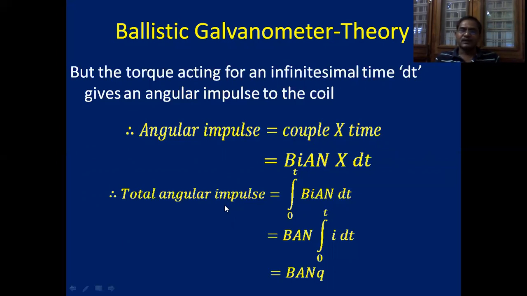Then the total angular impulse in the time interval t is given by the integral from 0 to t of BIAN dt. BAN are constants, written outside of the integral from 0 to t of I dt. But the integral of I dt gives the charge flowing through the coil, that is Q. So the total angular impulse acting on the coil in the time interval t seconds is BANQ.